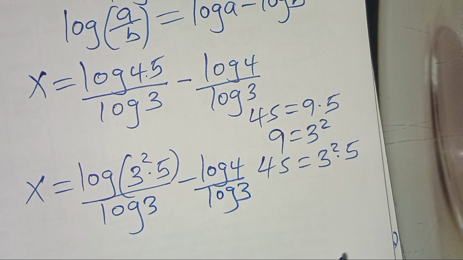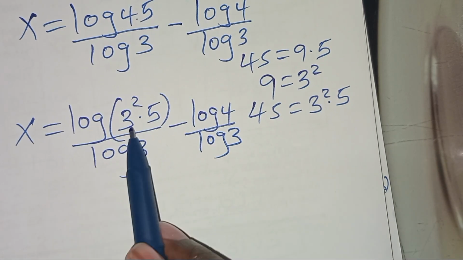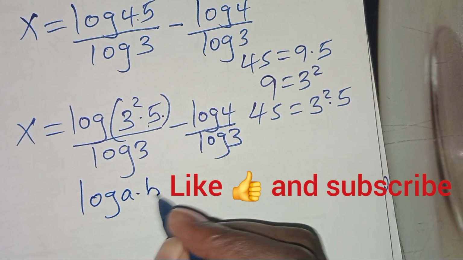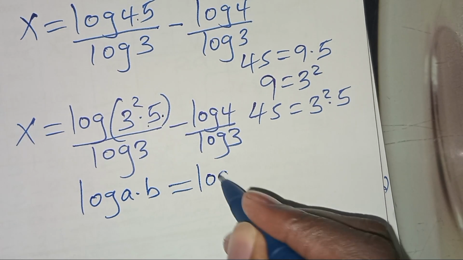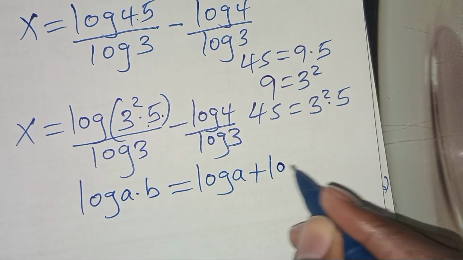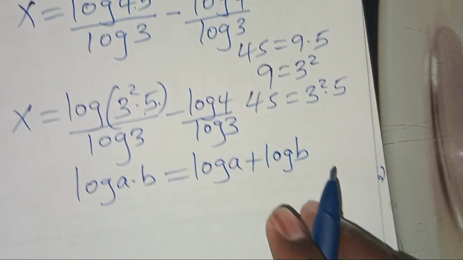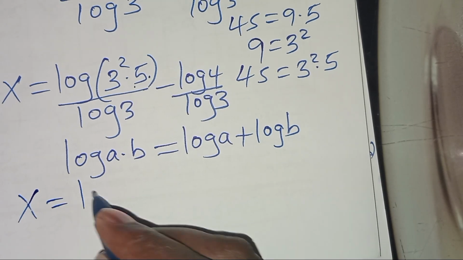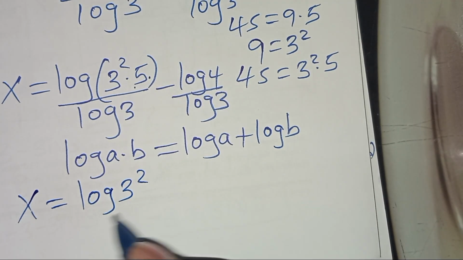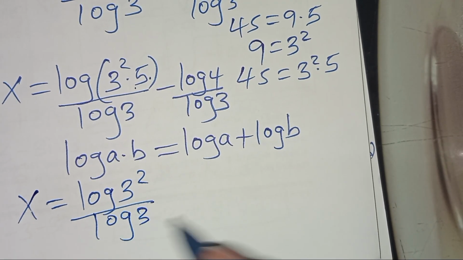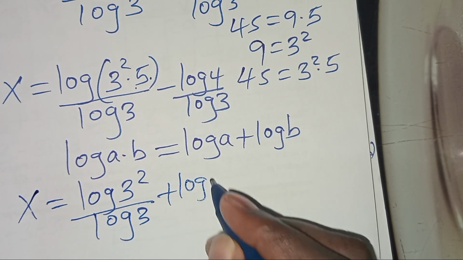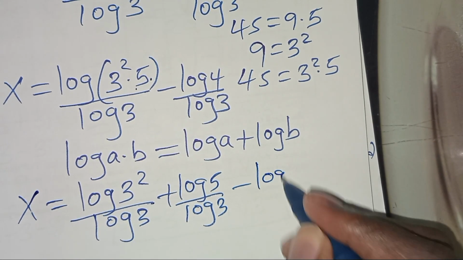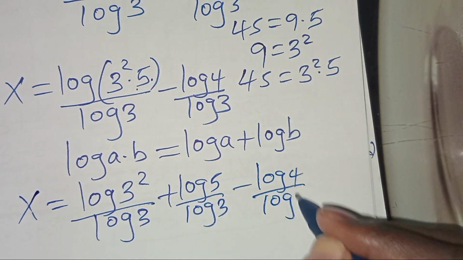Okay. So from here, you find that log 3 squared times 5 is in the form of log a multiplied by b, which you can express as log a plus log b. Now applying this logarithm property, we'll have x equal to log 3 to the power 2 divided by log 3 plus log 5 divided by log 3 subtract log 4 divided by log 3.